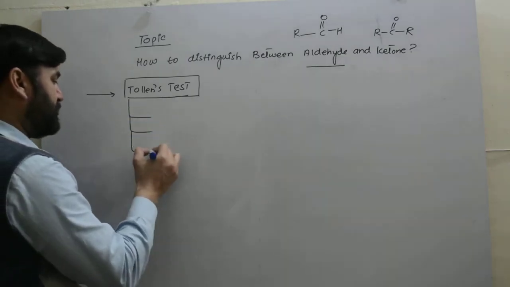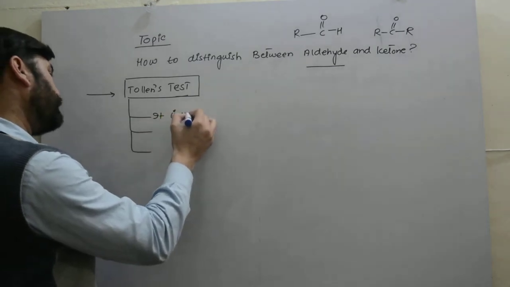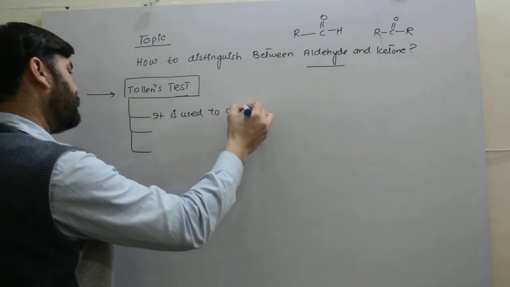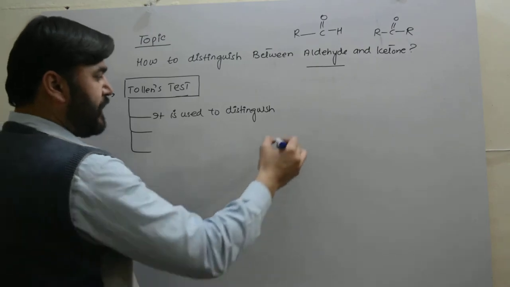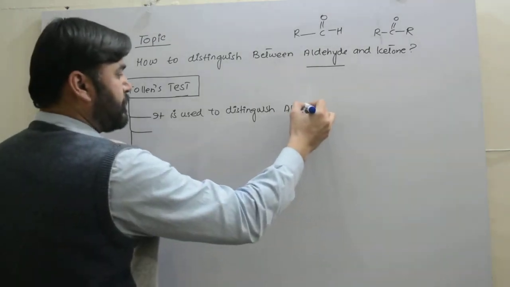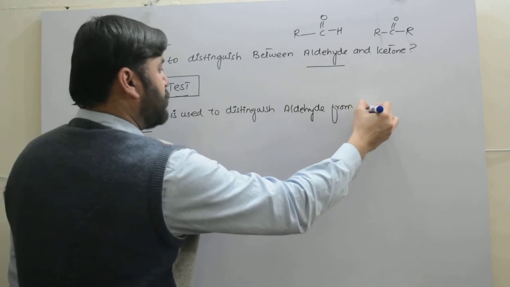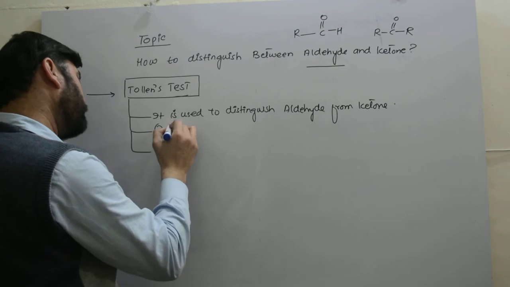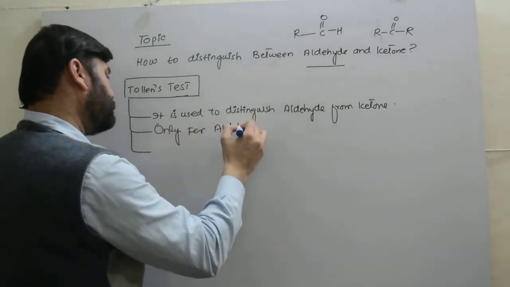What are these three things? Number one, it is used to distinguish aldehyde from ketone, meaning it is only for aldehyde.